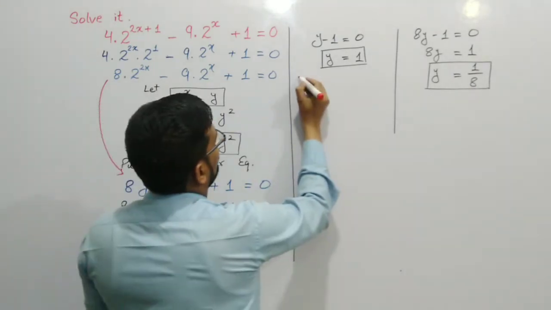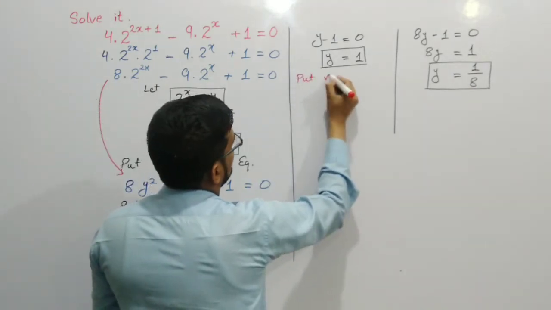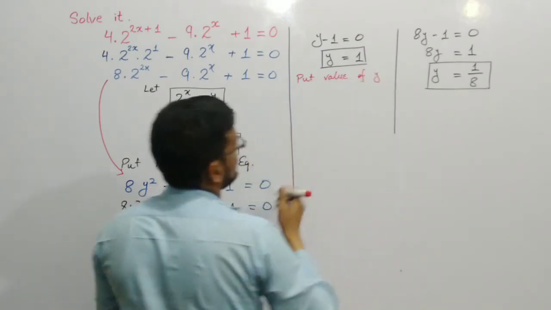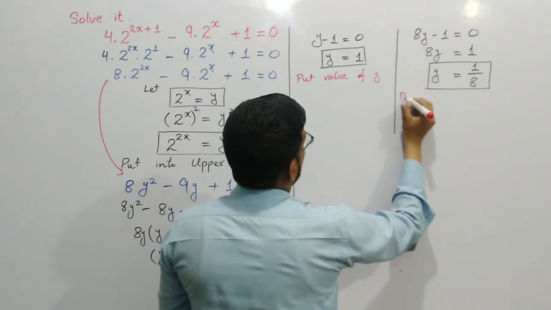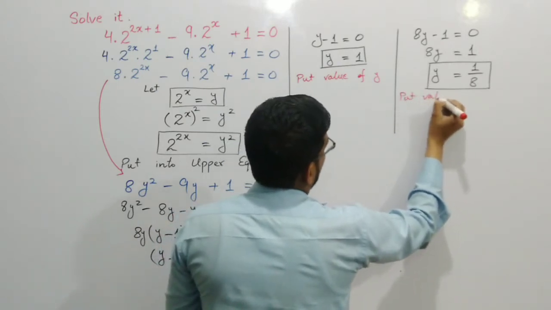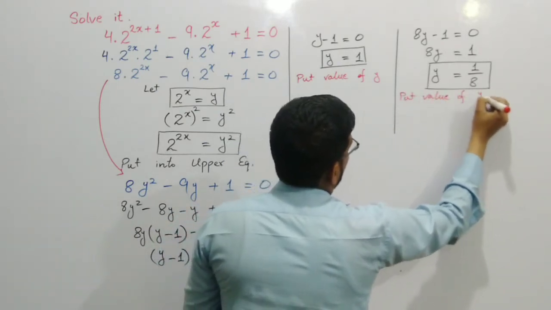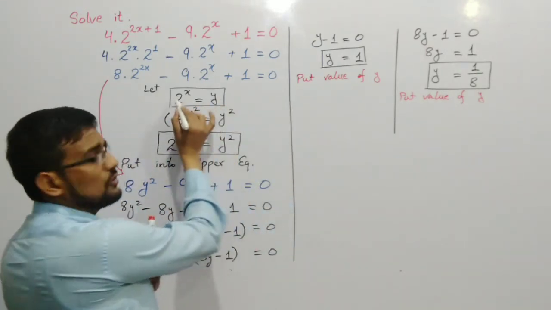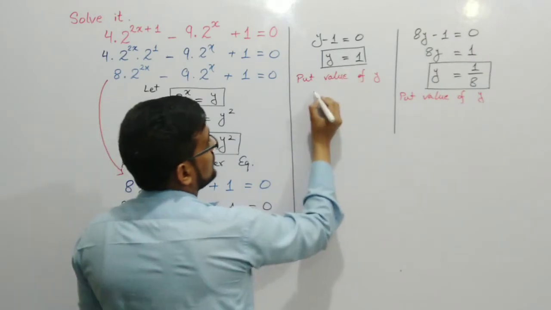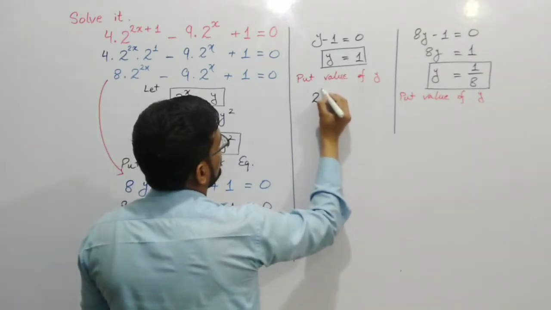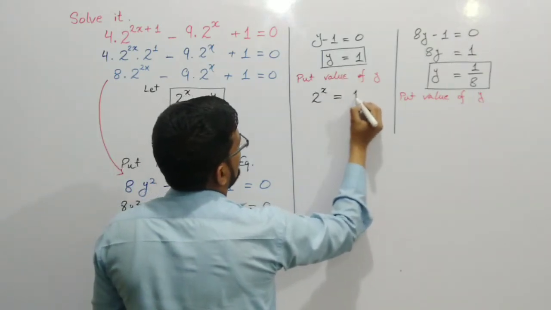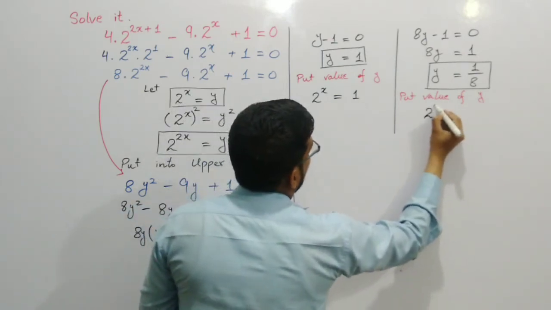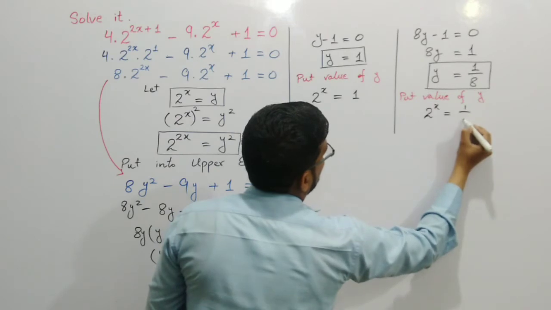Put the value of y on both sides. So substituting, 2 raised to power x is equal to 1, and similarly 2 raised to power x is equal to 1 over 8.